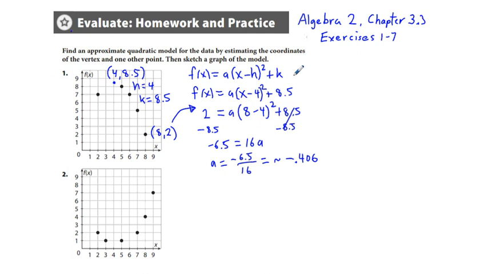And so our equation is going to be f of x equals negative 0.406 times quantity x minus 4 squared plus 8.5. So that's going to be our approximate quadratic model. We'll box this in.